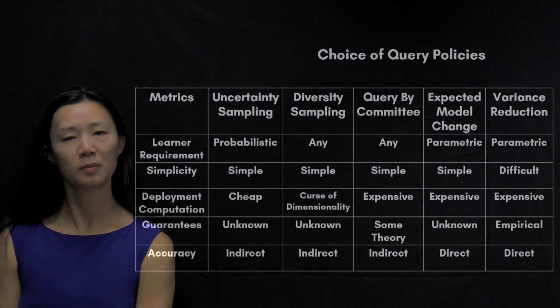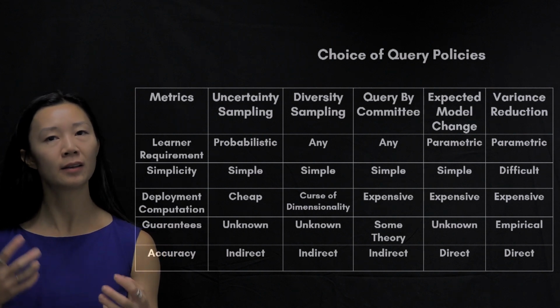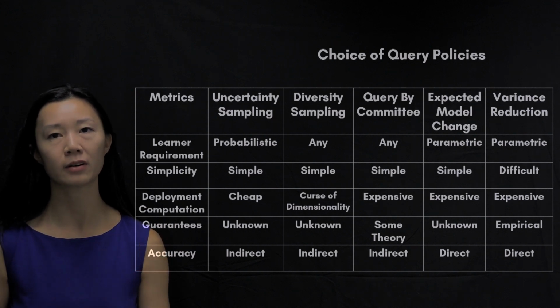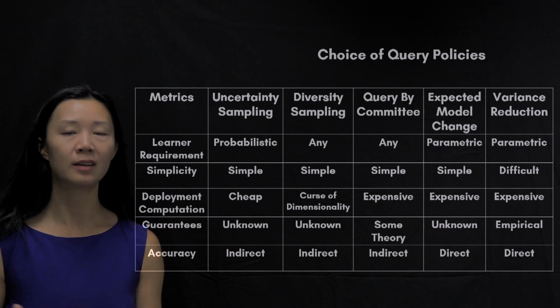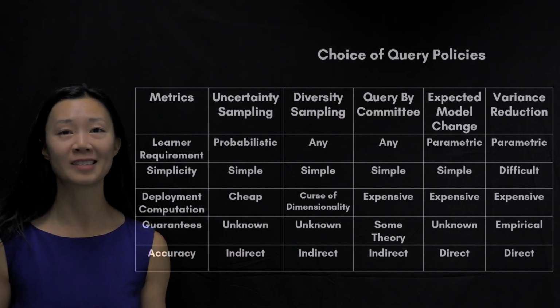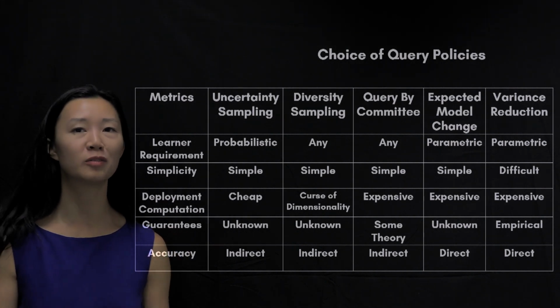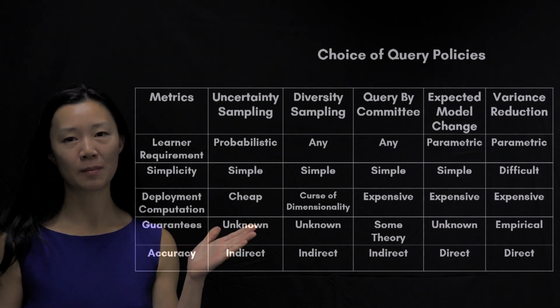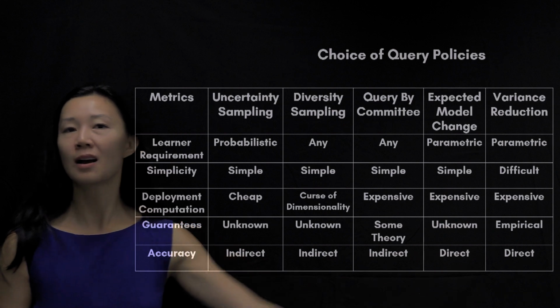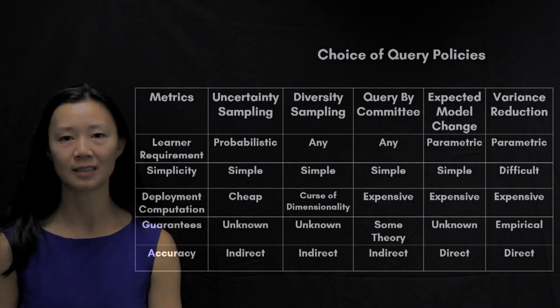For guarantees, what I mean is, is there anything certain that we can say about the behavior of the algorithm? A symptom of guarantees is, say, convergence. Does my model converge to some terminal value asymptotically? Well, for most of these models, there's not much literature about guarantees.